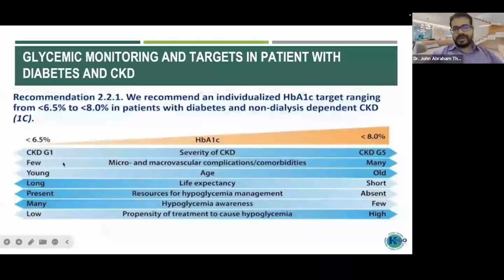So in this background, the patient should have an individualized HbA1c target, and it can range from less than 6.5 to 8%, depending on the severity of CKD, micro and macrovascular complications, the age, life expectancy, resources for hypoglycemia management, hypoglycemia awareness, and the propensity of treatment to cause hypoglycemia. So this is the range of HbA1c when you are managing a patient with diabetes with chronic kidney disease.